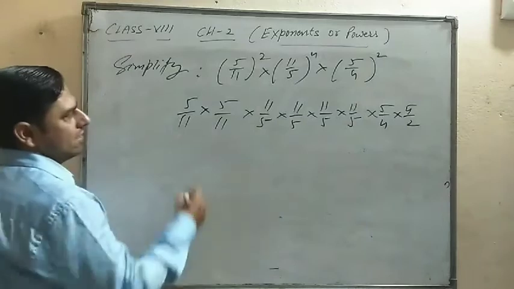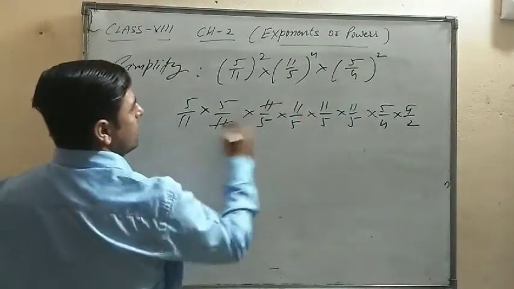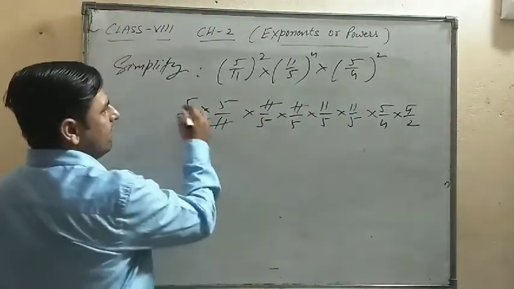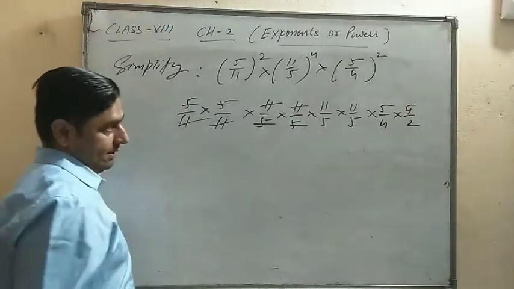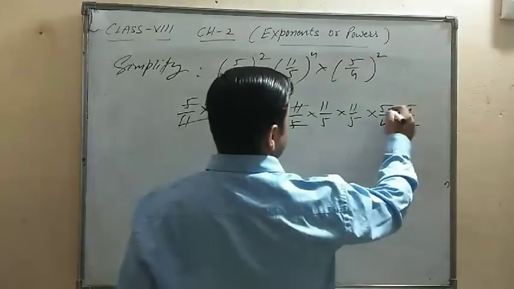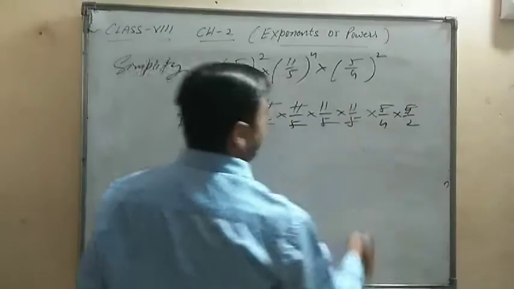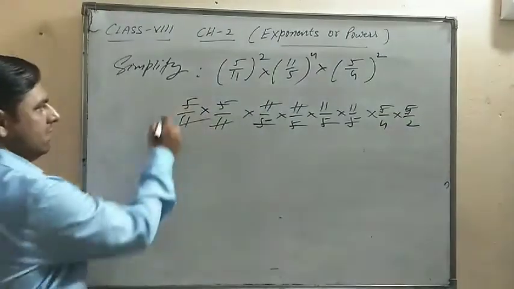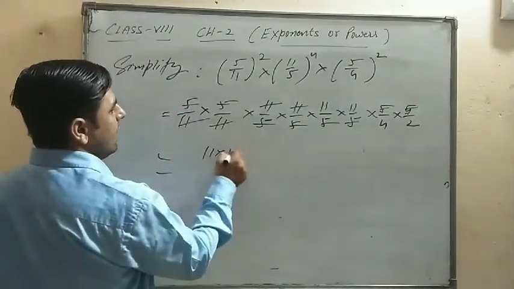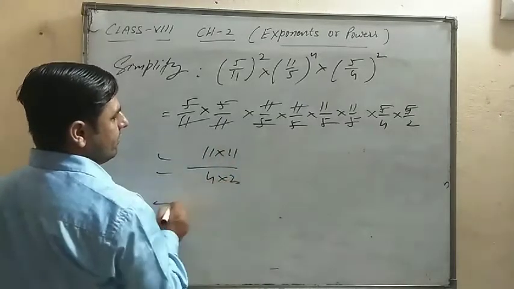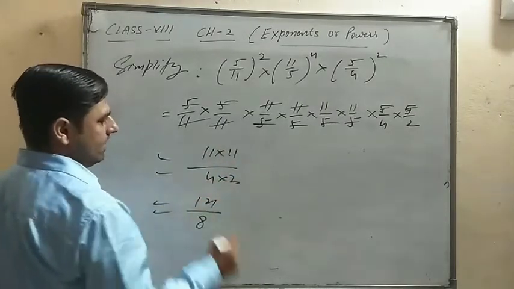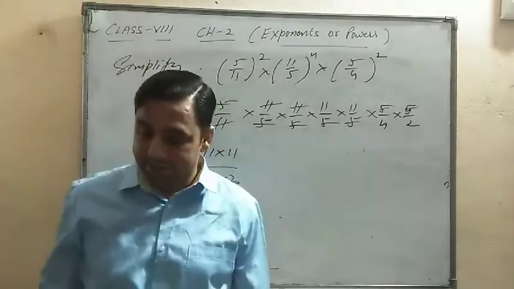So very easy. You can cancel 11 with 11, 5 with 5. Okay, again 5 with 5. Then you will get the result 11 into 11, 4 into 2. 11 into 11 is 121, 4 into 2 is 8.